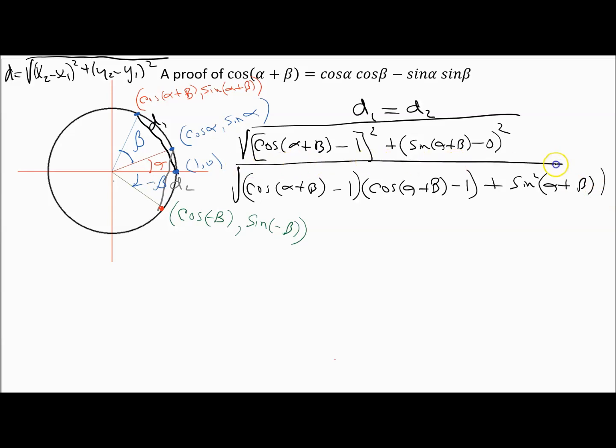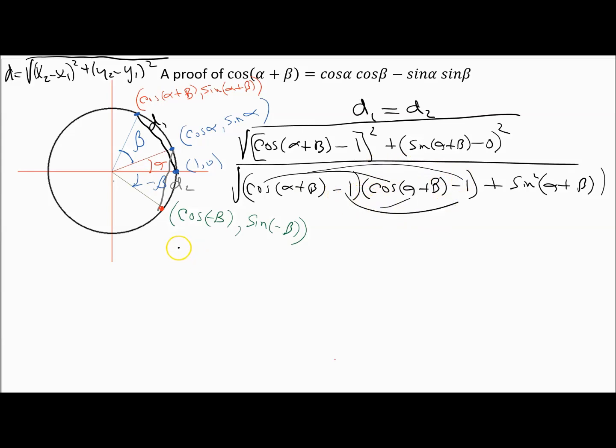Okay, so you see what I did? All I've done so far is write this out twice, and then I subtracted 0, which just gives me the sine of alpha plus beta, and then I squared it, and the way to write that is sine squared of alpha plus beta.